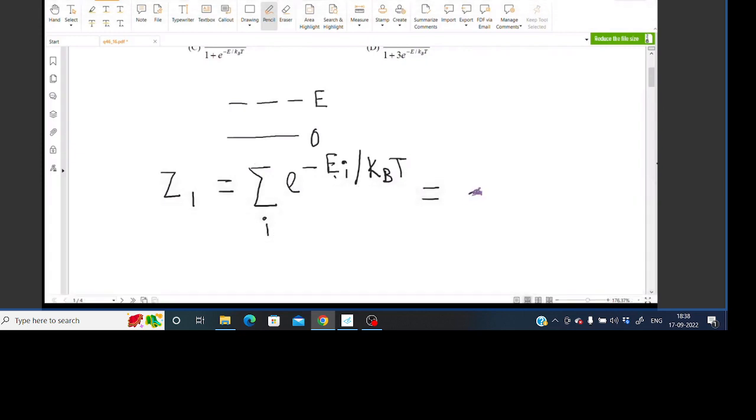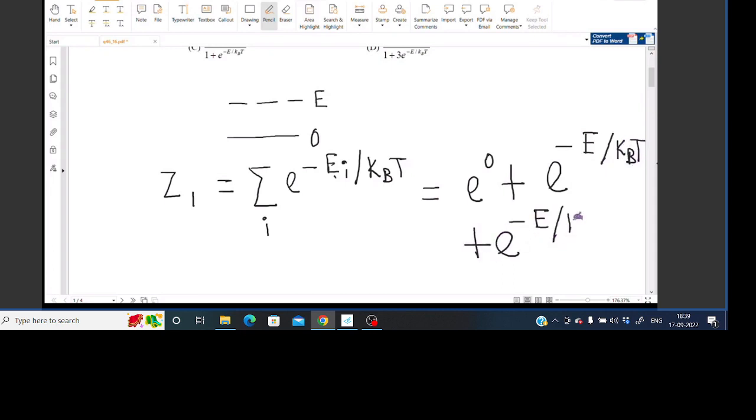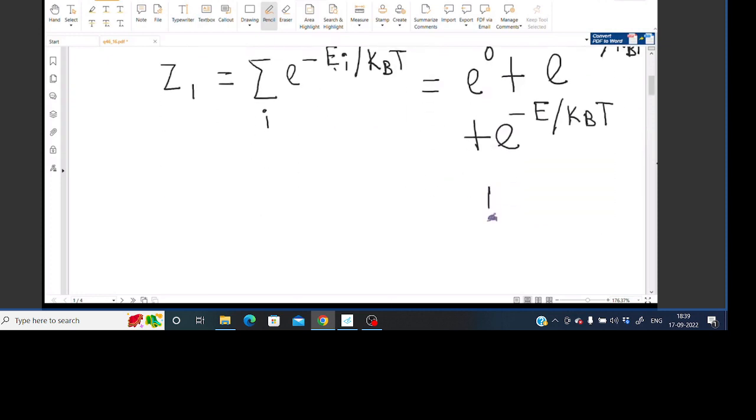So it is equal to e to the power 0 plus e to the power minus E by kBT plus e to the power minus E by kBT plus e to the power minus E by kBT.